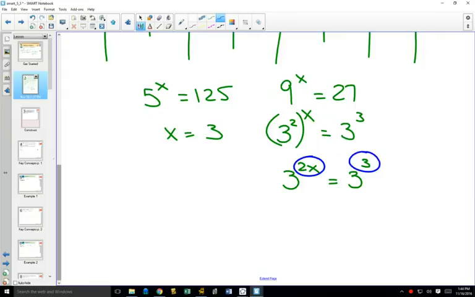In order for those things to be equal, the 2x has to equal the 3. And so once you get the bases the same, it just becomes, can you solve 2x equals 3? Divide both sides by 2, and x is equal to 3 halves.